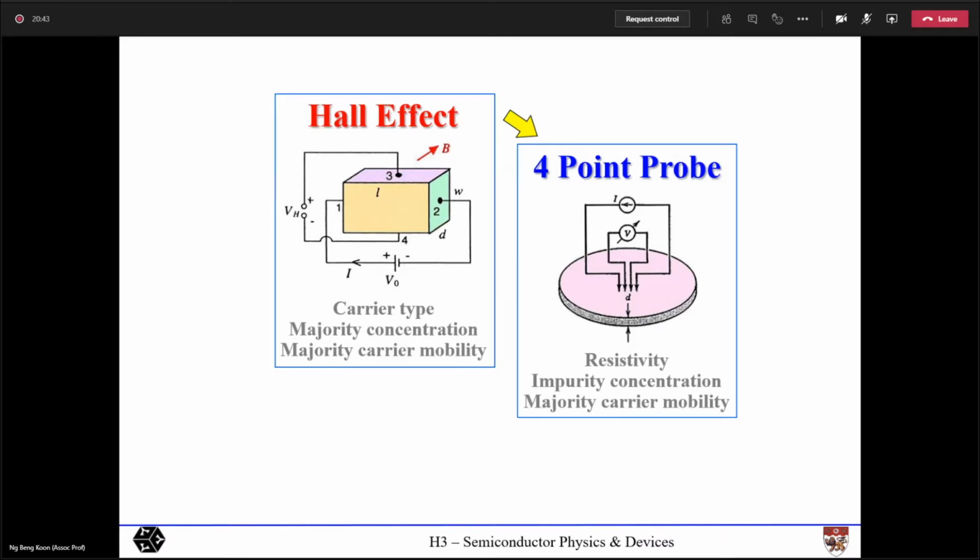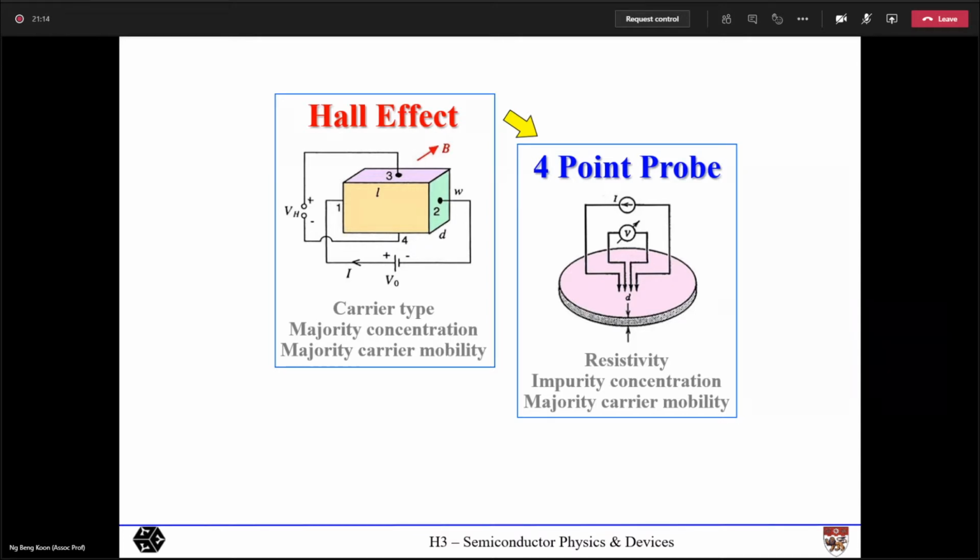The two unwanted resistances, the contact resistance and the spreading resistance, would generally be significantly more than that of the semiconductor resistance, because typically semiconductors are fairly heavily doped, so the resistance is fairly small. So if you use a standard 2-point measurement technique, you would quickly realize that the resistance you measure is not the true resistance of the semiconductor material.